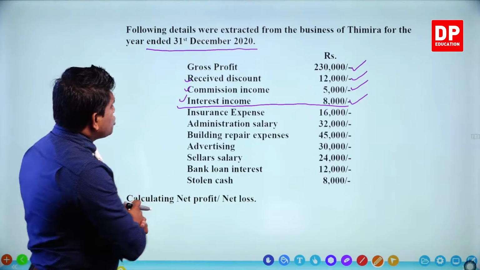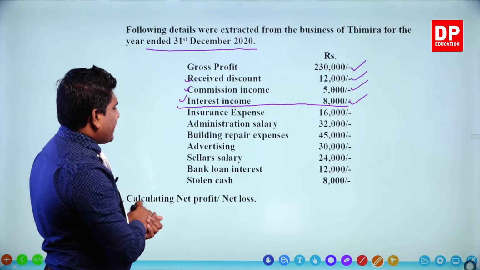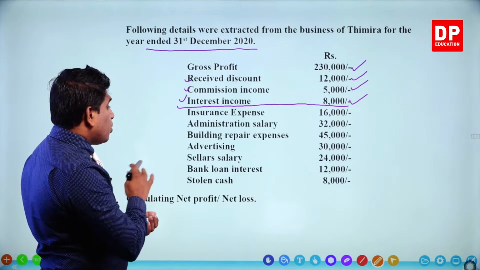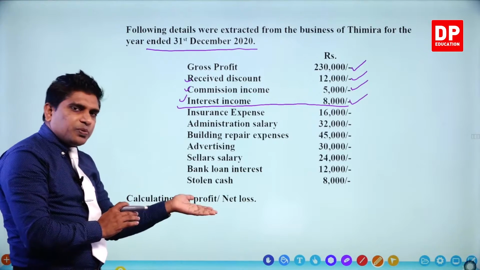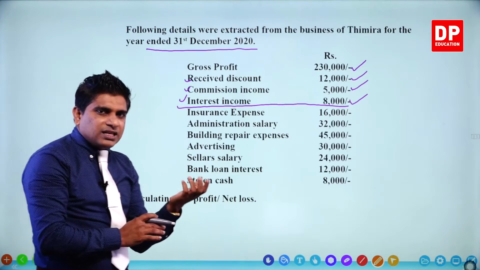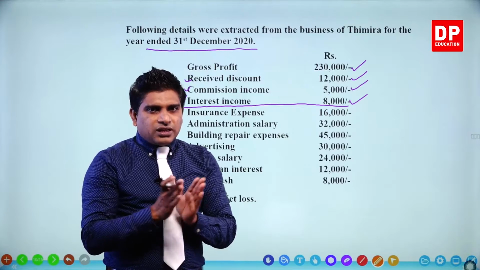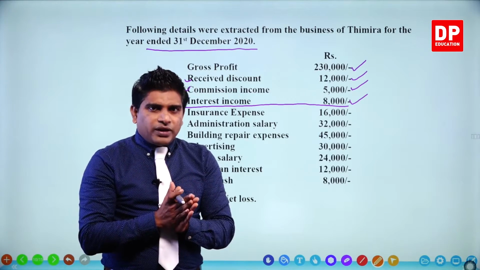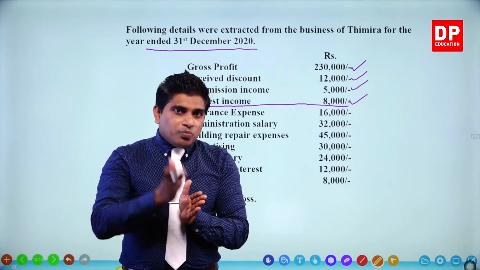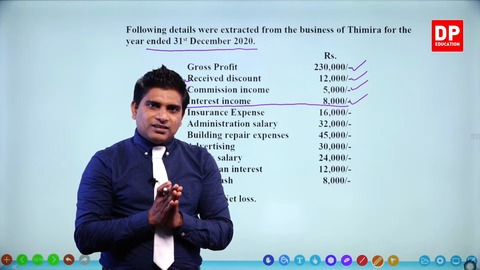Then insurance expense, administration salary, building repair expense, advertising, seller's salary, bank loan interest, and stolen cash. There are a lot of expenses, right? Now using these expenses, the simple theory is that from the total income, if you subtract total expense, then you can see the net profit. But the problem is, when you write any expense, you must write it under each expense category, right?